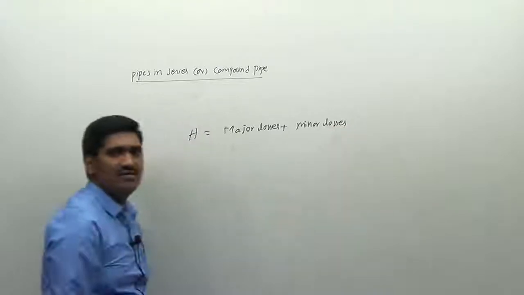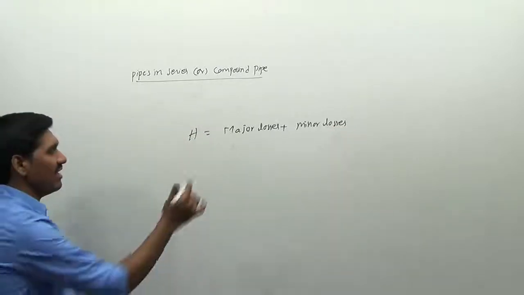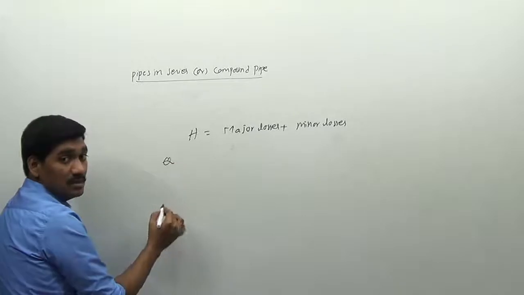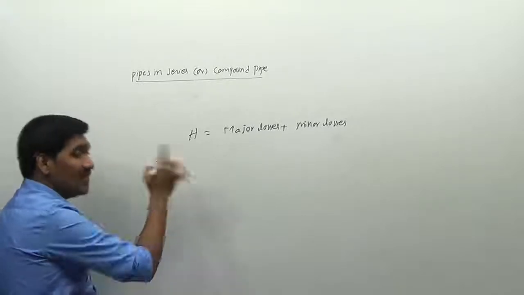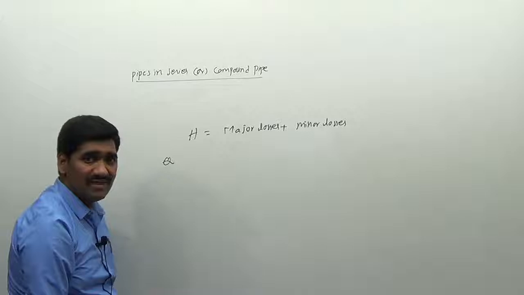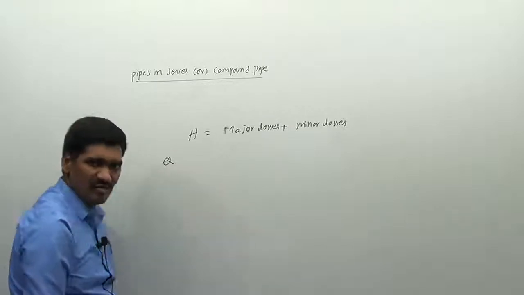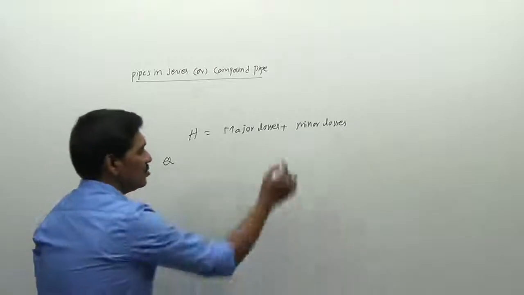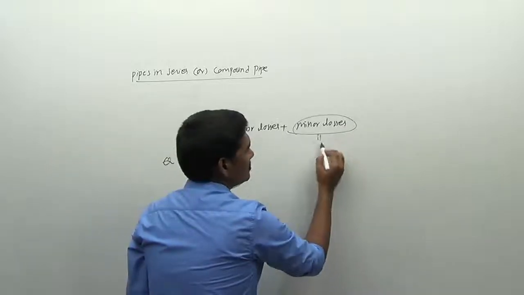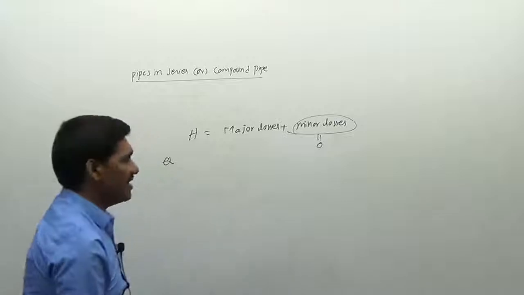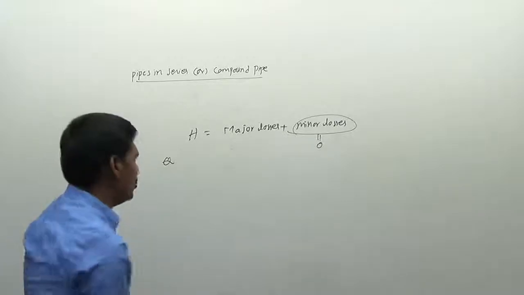Sometimes they will ask us to calculate the value of discharge by considering the major losses only, or they will tell us to neglect the minor losses and calculate the discharge. In those cases we should be able to omit this value, or we have to keep this value as 0 here.